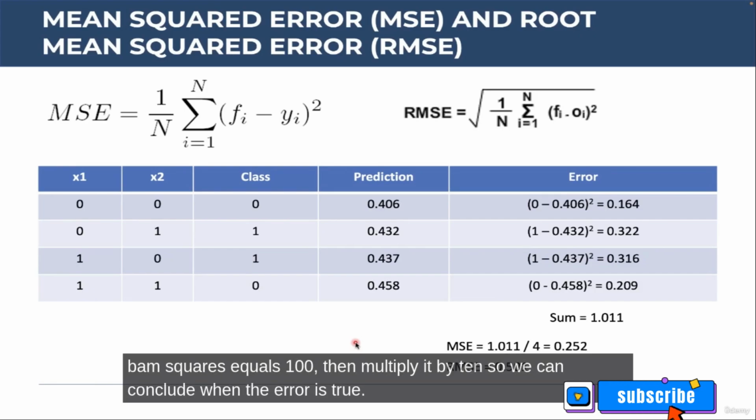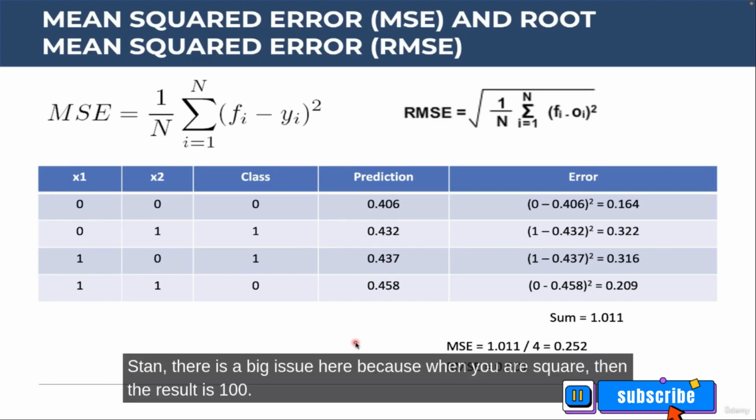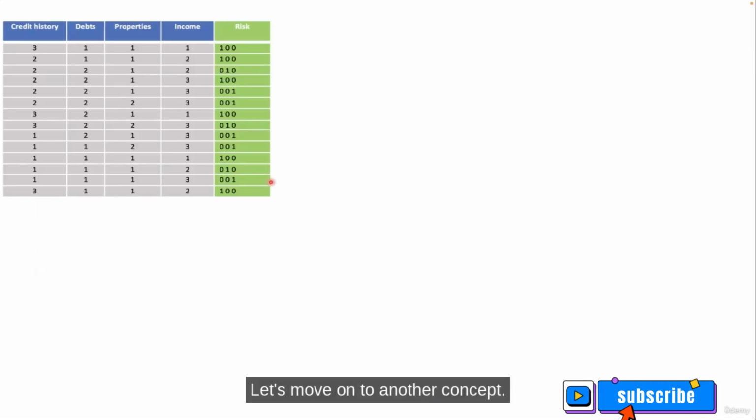So we can conclude when the error is 2, there is a small error, only 4, and when the error is 10, there is a big error because when you square 10, the result is 100, and there is a big difference between 4 and 100. In short, big errors will have a greater impact. Let's move on to another concept.